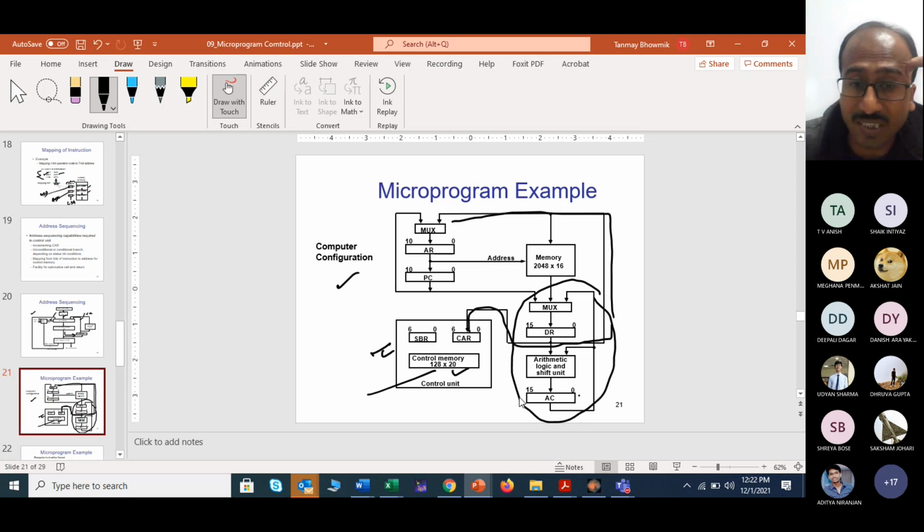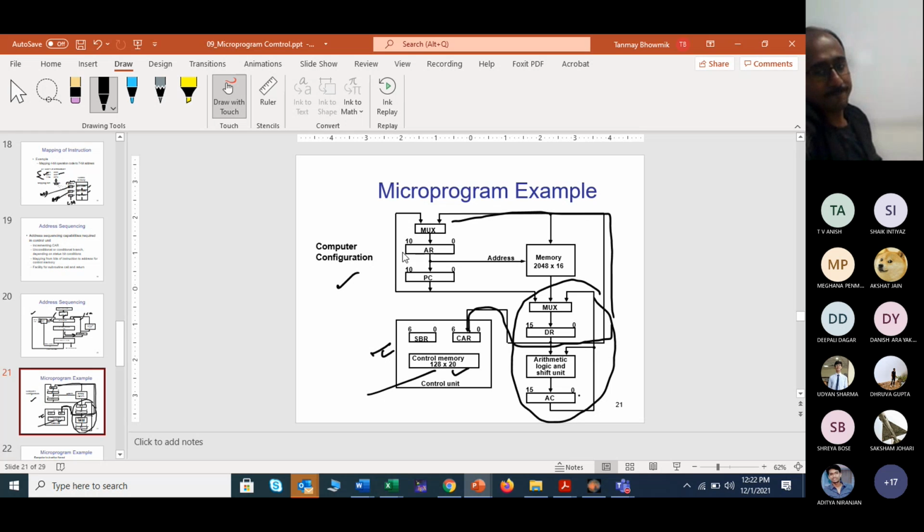What kind of question? Maybe it will be asked that this diagram has been given and you are asked how many address pins are being used in the control memory. What should be the answer?